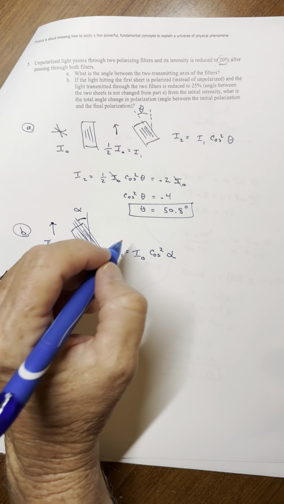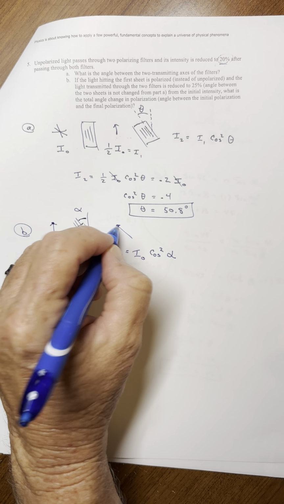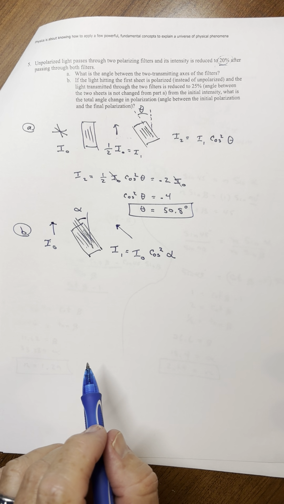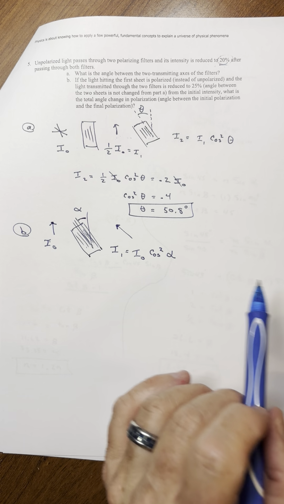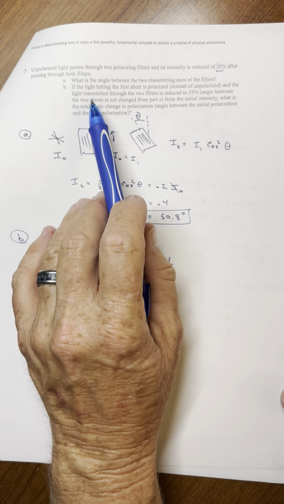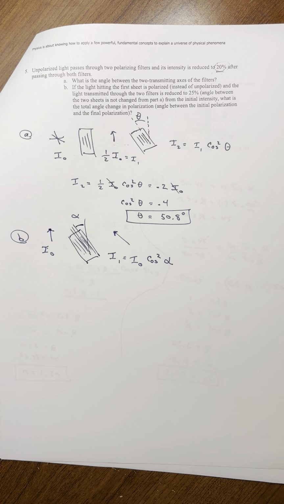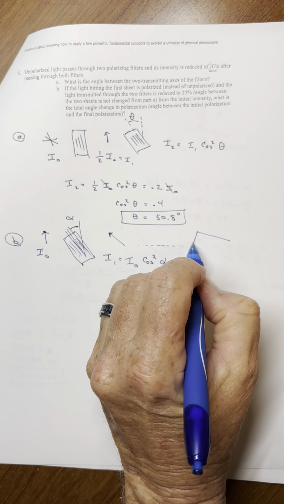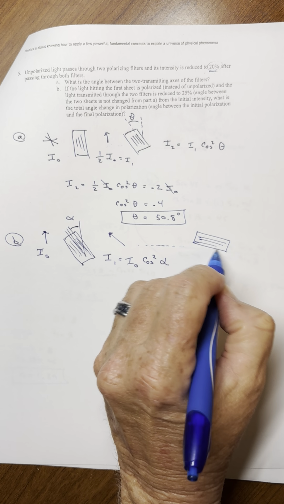And interesting then is now the direction of polarization is the direction of the transmitting axis. Because then when you go through a second one, so let me just come back to the question here. It says if the light hitting the first sheet is polarized instead of unpolarized, and the light transmitted through the two filters is reduced to 25%, where the angle between the two sheets has not changed from part A. Okay, so let me just maybe draw the second sheet.